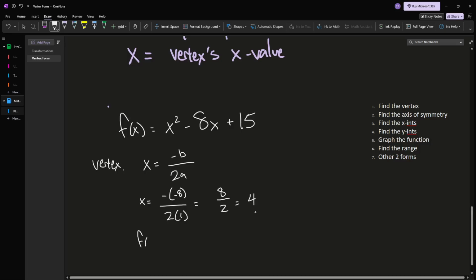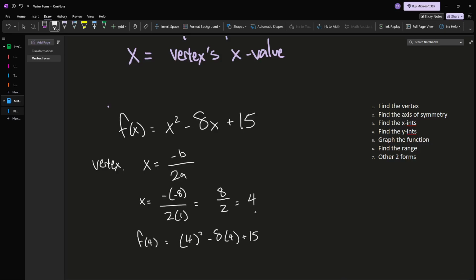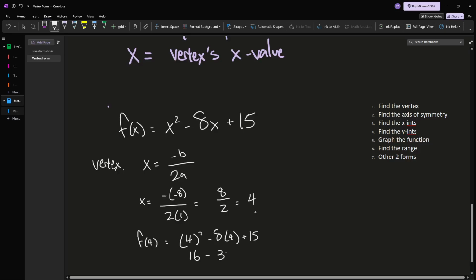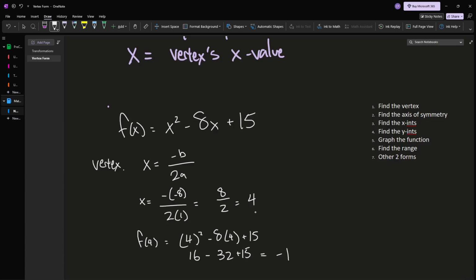Now I find f of 4 to get 4 squared minus 8 times 4 plus 15. 16 minus 32 plus 15 to get negative 1. My vertex is at 4, negative 1.